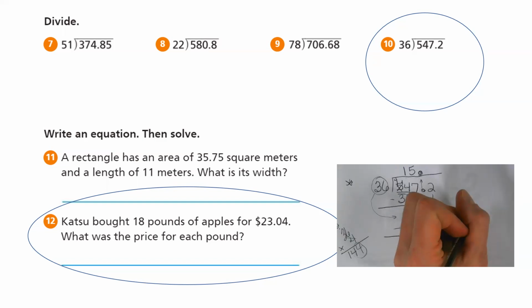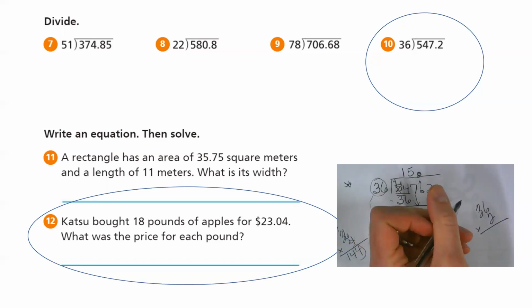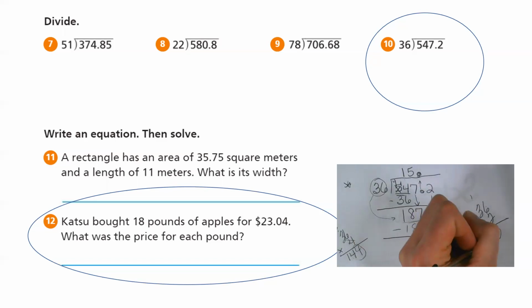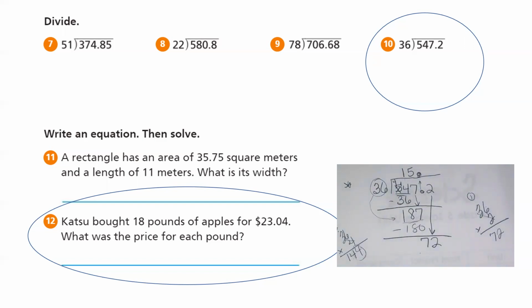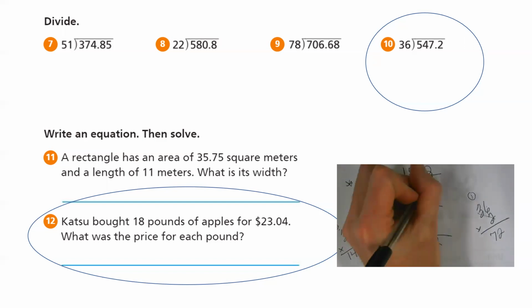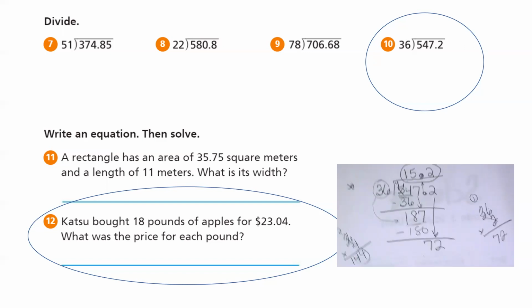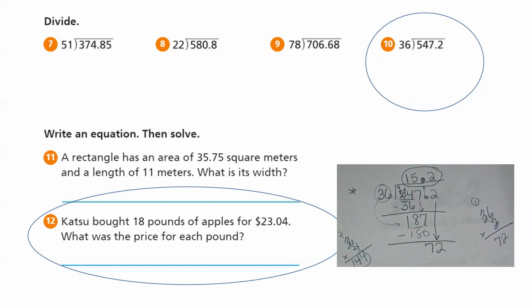I know that one, but just to make sure, 36 times 2, well, 6 times 2 is 12. 3 times 2 is 6, plus 1 is 7. So that answer is 72. So I'm going to put my 2 right here. And that's my answer, 15 and 2/10.